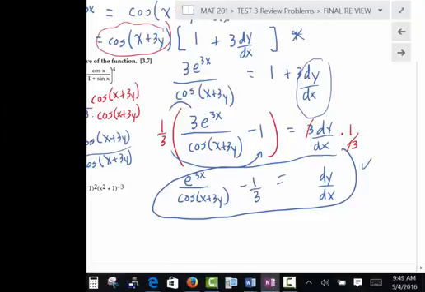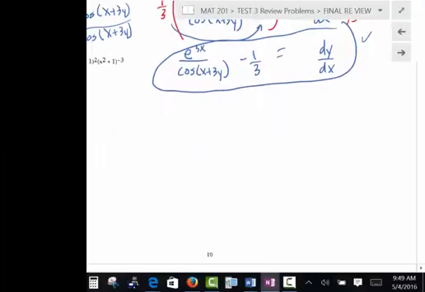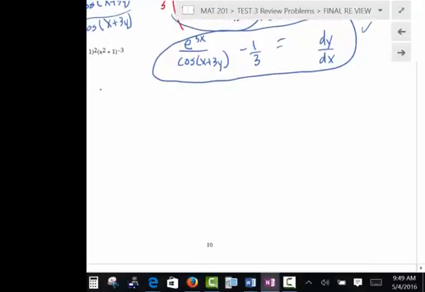Okay, so I'm going to do 36 next. Number 36 is another one that is a product rule with a chain rule embedded in it, so I want to go over this one a little bit. This is a product rule, so this is the first, and that's the second.